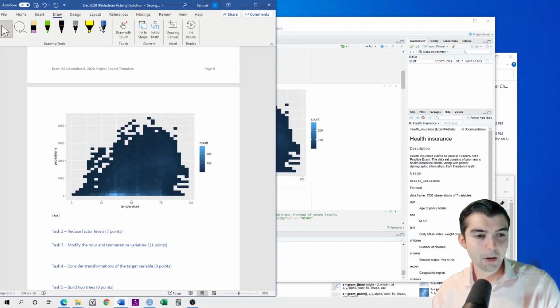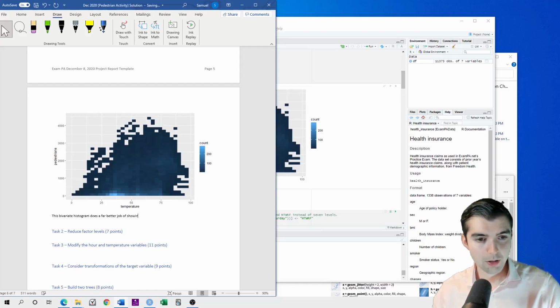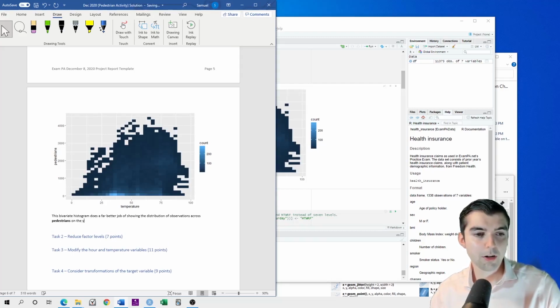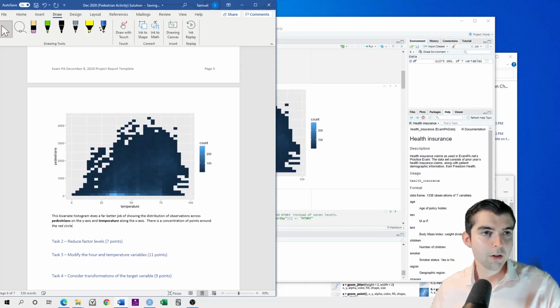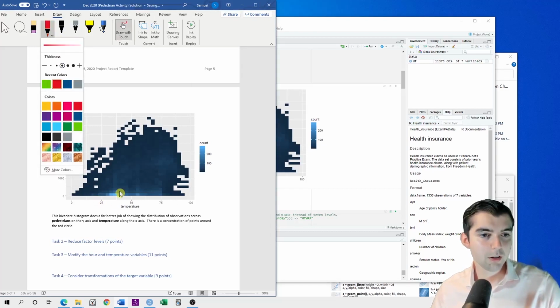This bivariate histogram does a far better job of showing the distribution of observations across pedestrians on the y-axis and temperature along the x-axis. There is a concentration of points around the red circle. The red circle, which is right here.